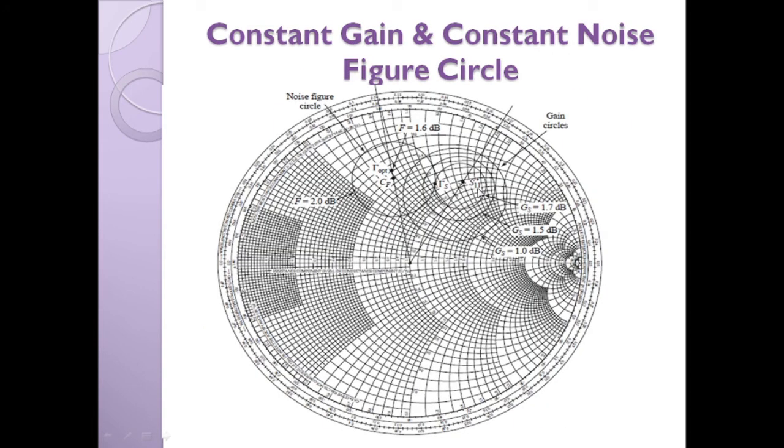Next I plot that gain circle using the center and radius, and this GS equal to 1 decibel represents the constant gain circle belonging to 1 decibel. Similarly, the next value I choose is GS equal to 1.5 decibel.